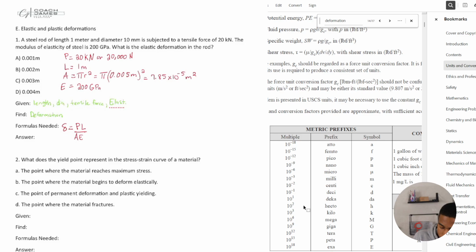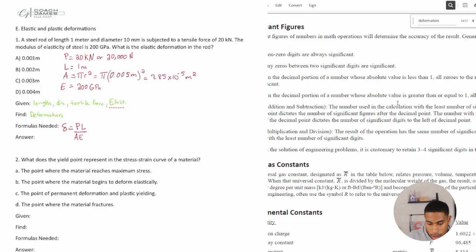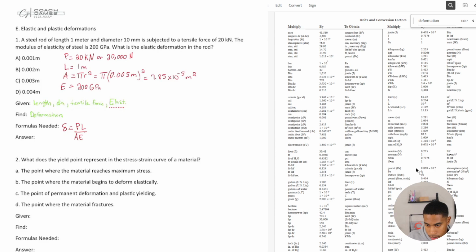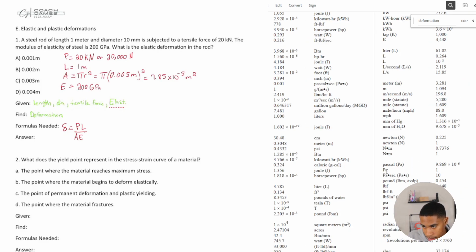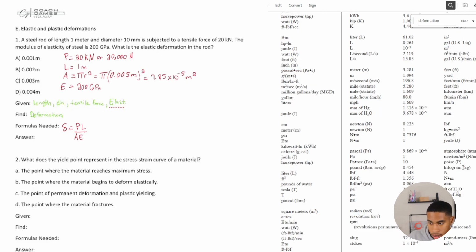Can we put this in meters and newtons? So that everything meshes well, I know that 1 Pascal is equal to 1 Newton per meter squared. That makes sense.